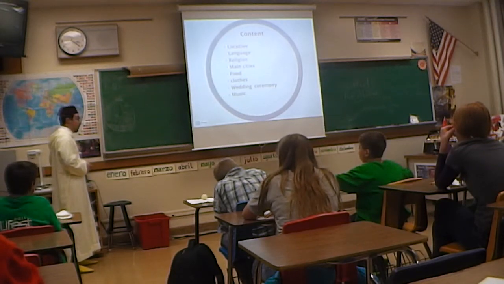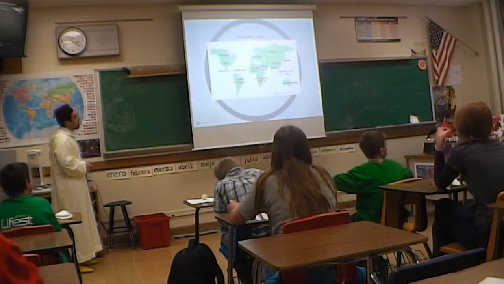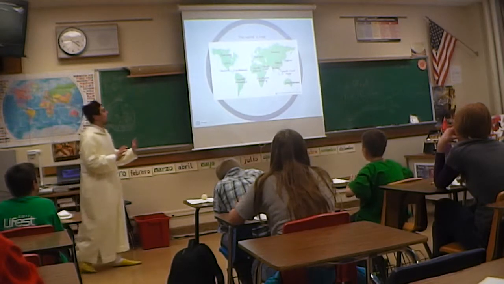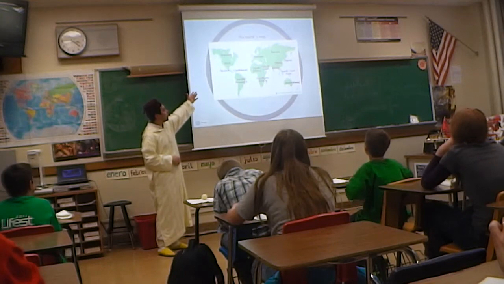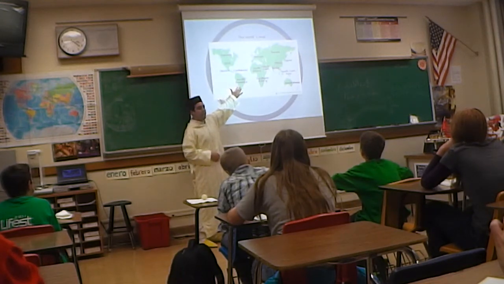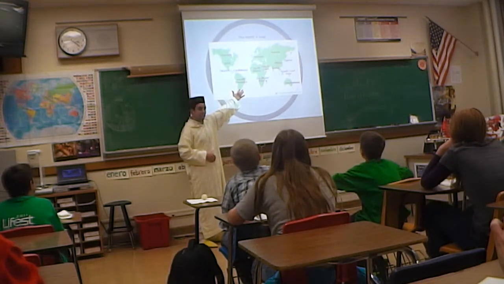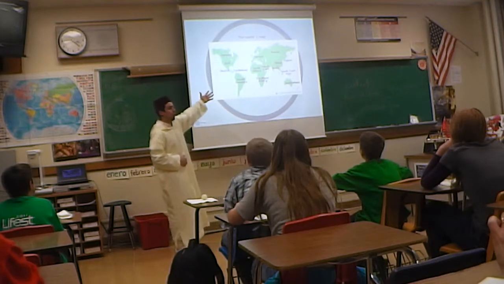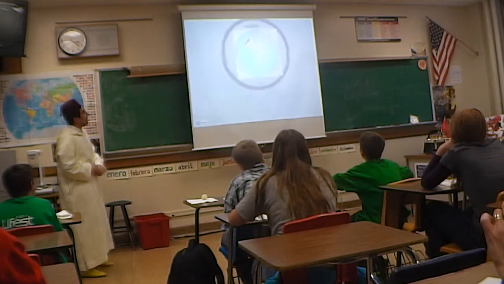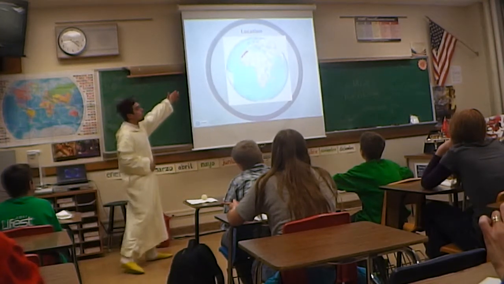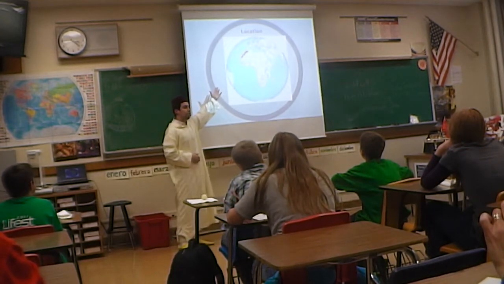So, first, this is just to know the world map. So United States is here. North Africa is in Africa, which is where Morocco is. Morocco is in the extreme north of Africa.